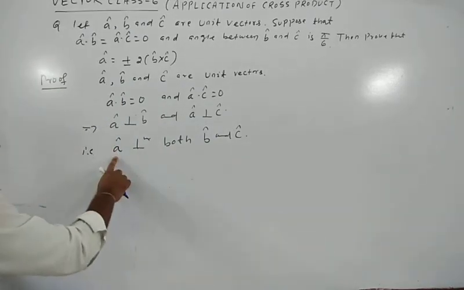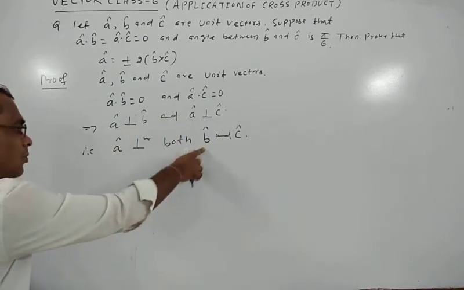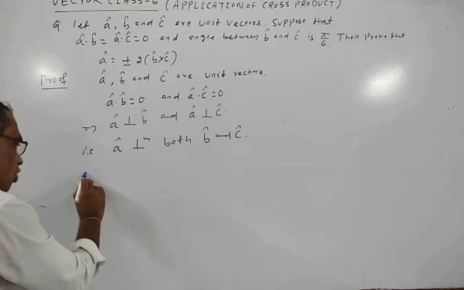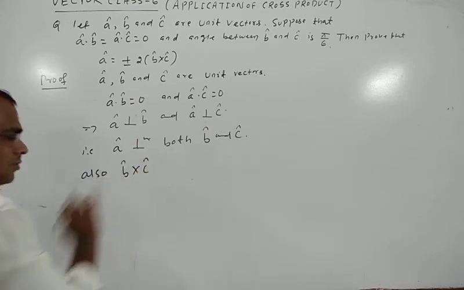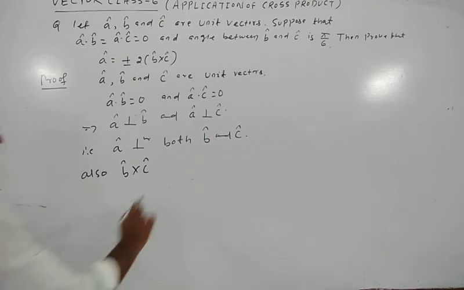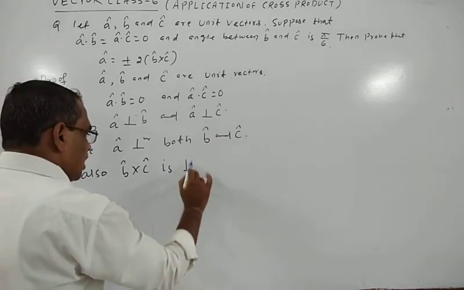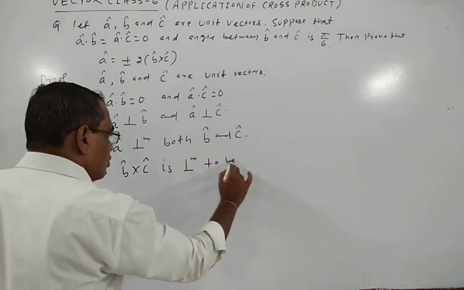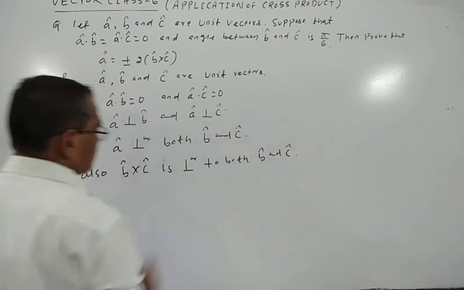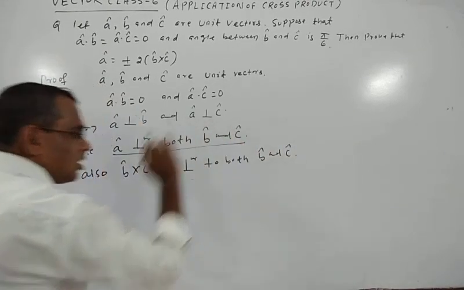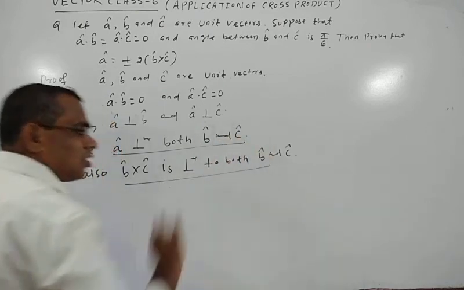So here A cap is perpendicular to B cap and C cap. Also B cap cross C cap, the cross product of two vectors, is perpendicular to both B cap and C cap. This is the given condition, and this is the condition for a cross product.